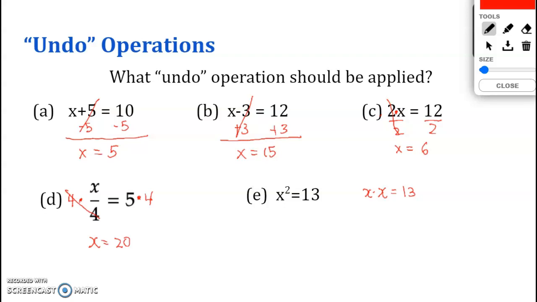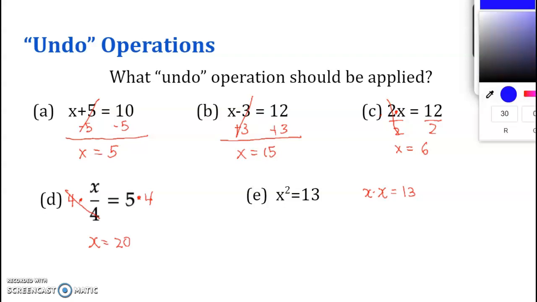Well, let's think about this value first. When we're looking for the value of x that makes this true, we're looking for what number multiplied by itself gets 13. If x was 3, x times x is going to be 9. If x was 4, x times x is going to be 16.